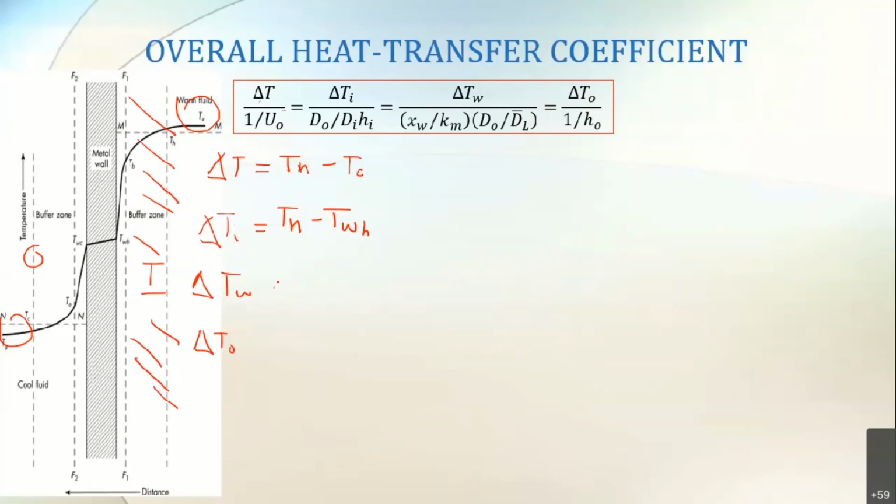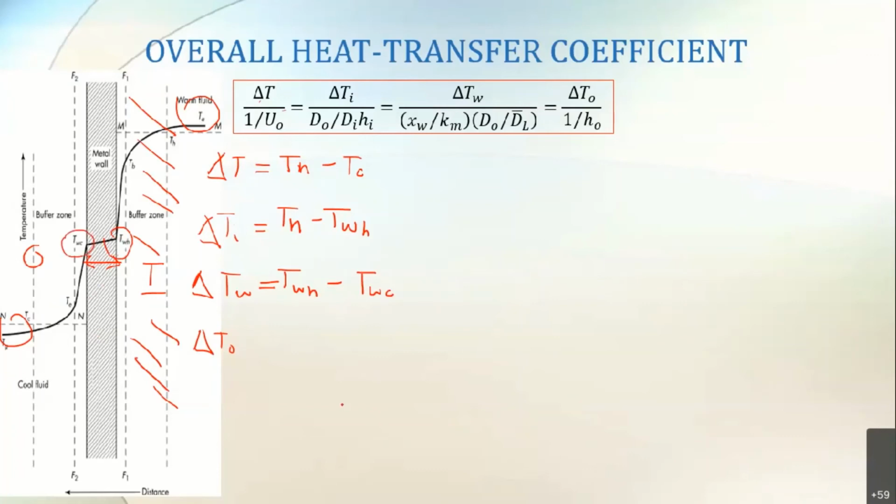Delta Tw refers to the temperature difference across the wall, or across the thickness of your material. What is the temperature difference from this point to this point? If you see the figure, delta Tw is equal to T wall hot minus T wall cold, because this is a bigger temperature and this is a smaller temperature.